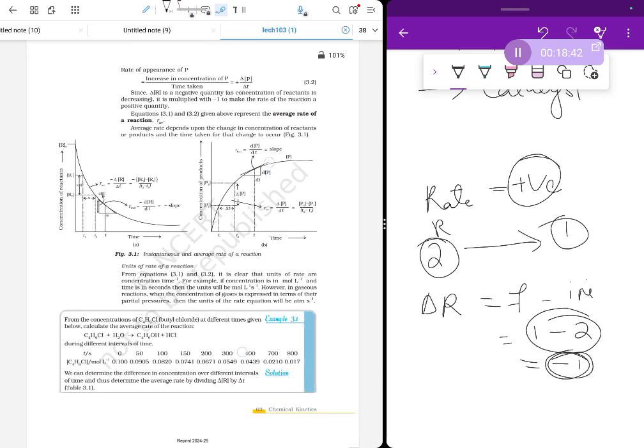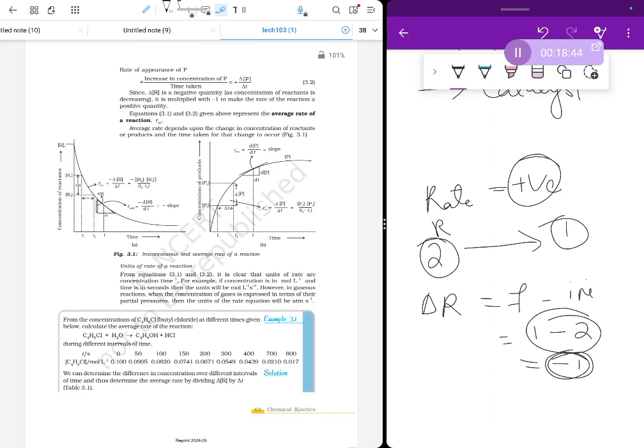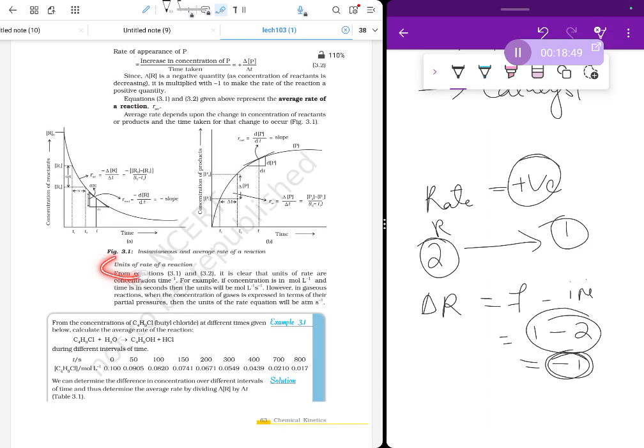Now, unit of rate of reaction. From equations 3.1 and 3.2 it is clear that units of rate are concentration per time, because delta R is concentration divided by time, delta T. For example, if concentration is in mole per liter and time is in seconds, then units will be mole liter inverse second inverse.